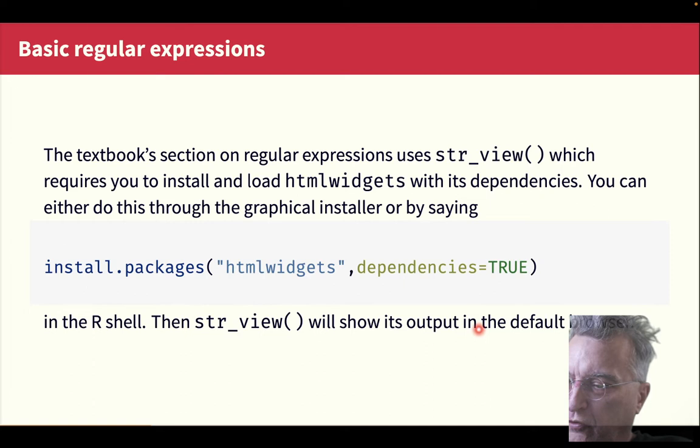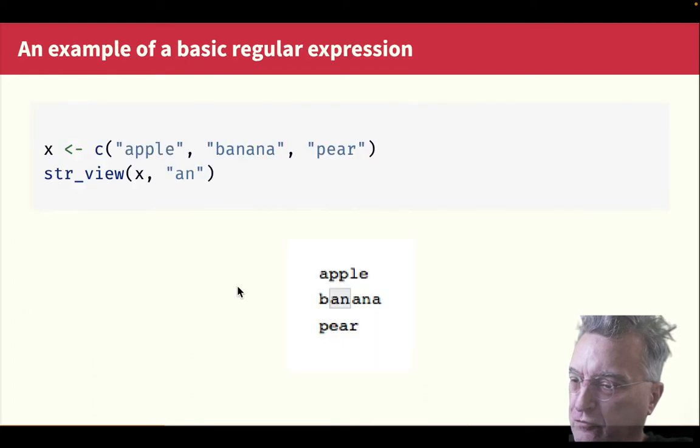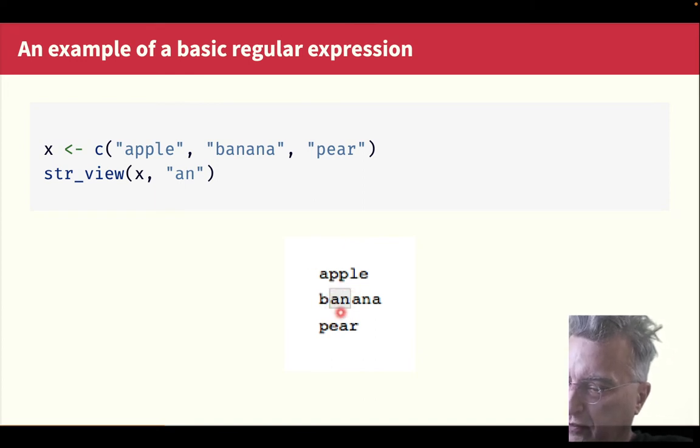When I run this on the command line, it's just whatever is my default browser, which happens to be Firefox. So on my machine, this all opens a window in Firefox. The reason for this is that it wants to be able to highlight some characters. And in the terminal, there's no way to highlight characters.